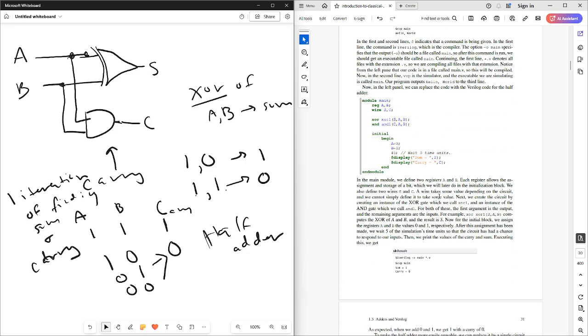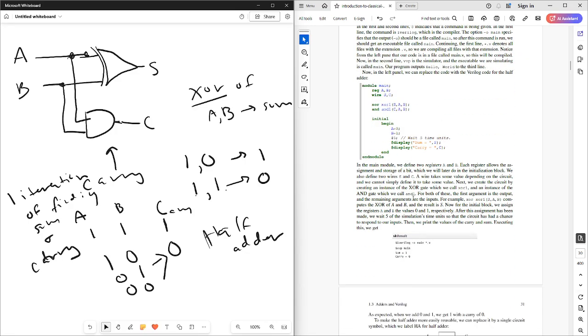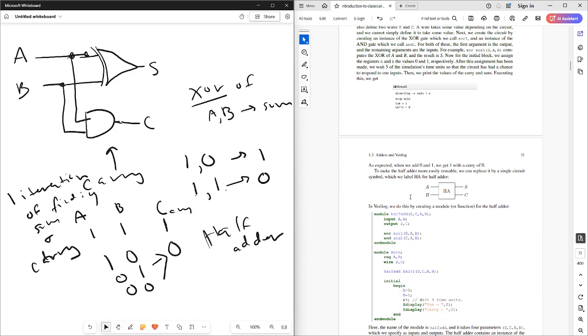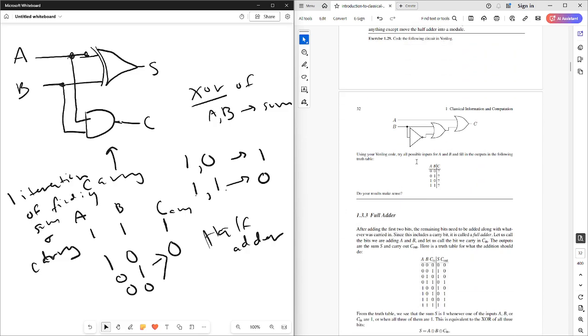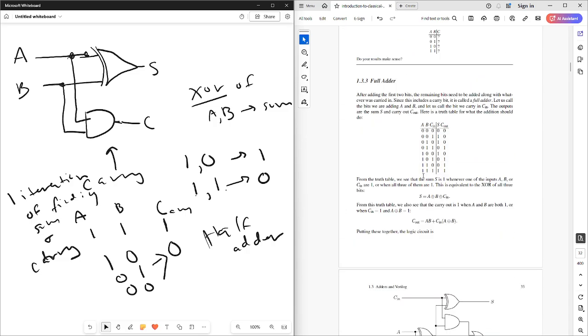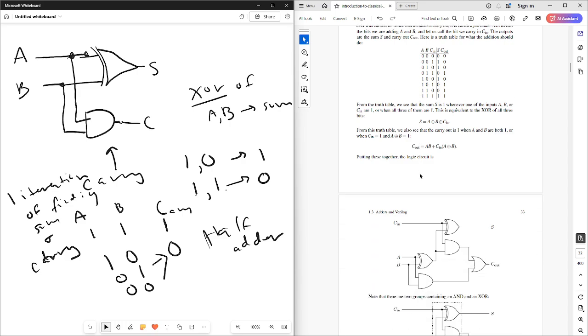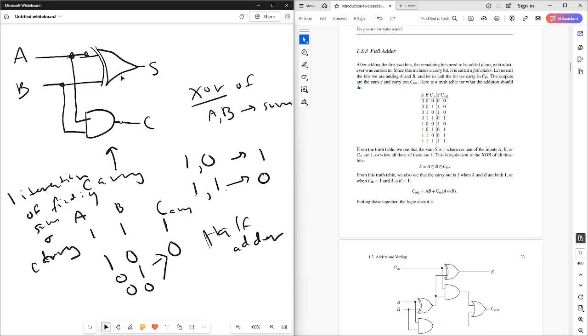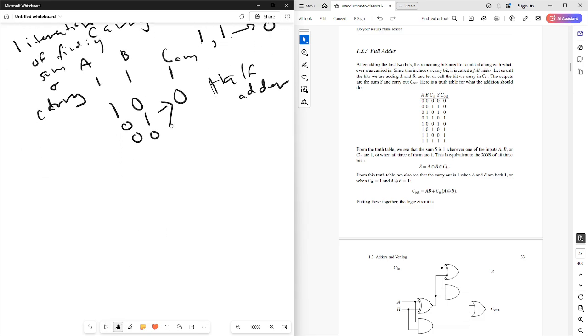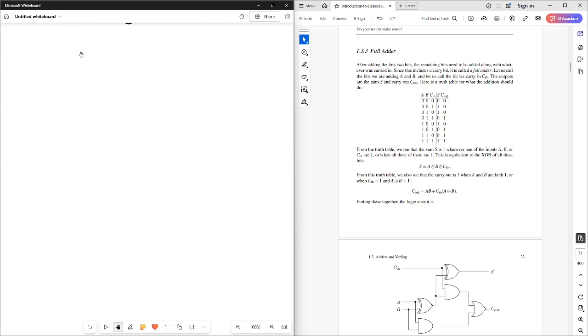Alright, so then we go into some other stuff here, which we're not going to worry about right now. The full adder is an implementation. Let me scroll this down.